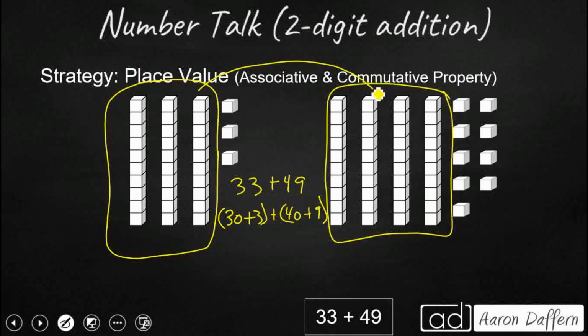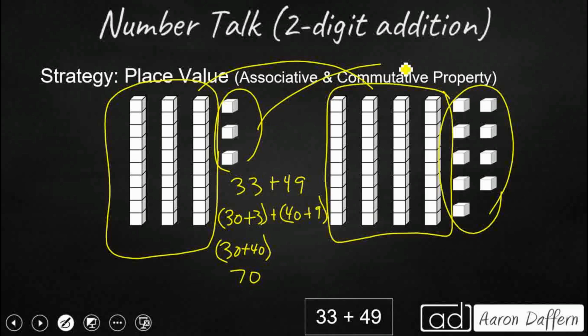So 30 plus 40, we need both our associative and our commutative property to regroup and reorder them. But that's a 70. And then as you can see, I've got a 3 and a 9. I'm going to take care of that second. So I've got my 3 plus 9. And that's a basic fact, 12. So 70 and 12, 82, once again.